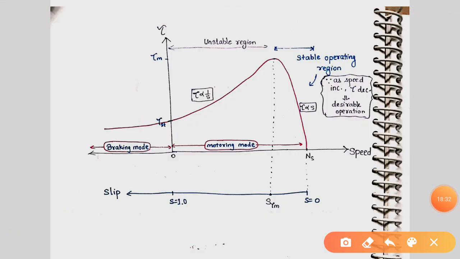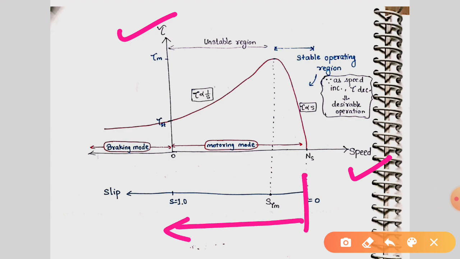So we get the torque-slip characteristics like this. This axis is torque, and on this side we have speed. We measure the slip from this side. Here slip is equal to 0, and at starting slip is equal to 1.